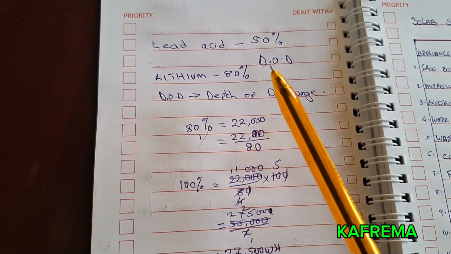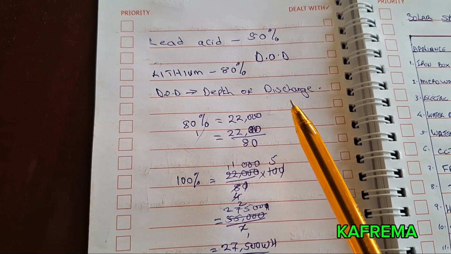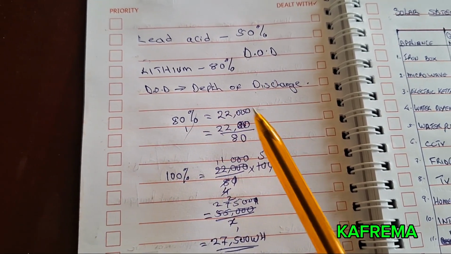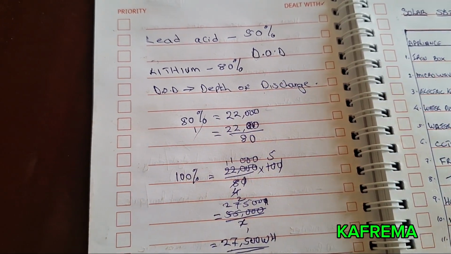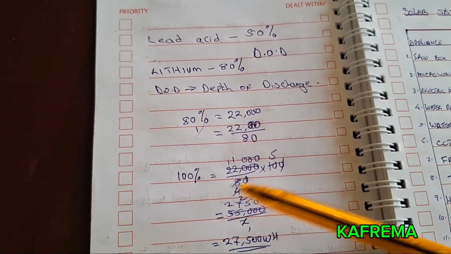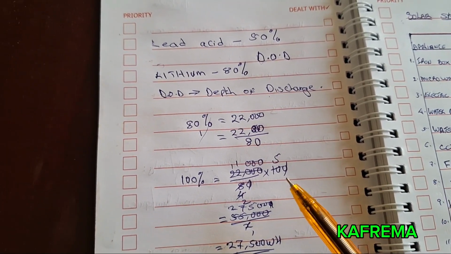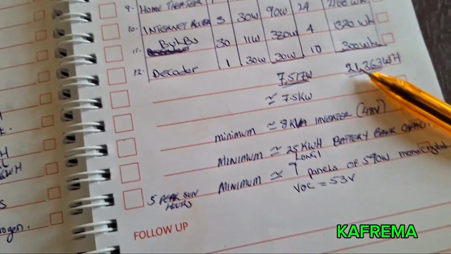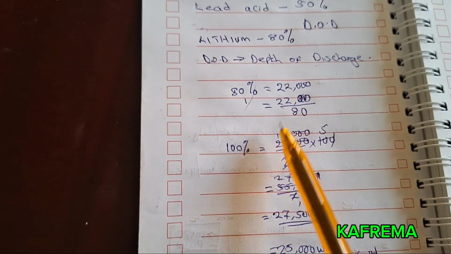Also, we have said that to determine the battery you are going to use, you can start small and then add as we progress. Just to know the minimum you require is this times the depth of discharge. This is what we calculated.